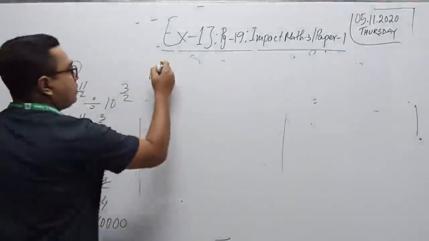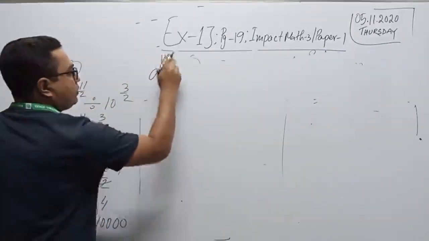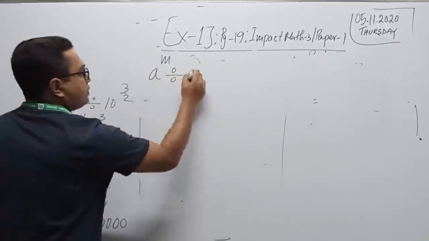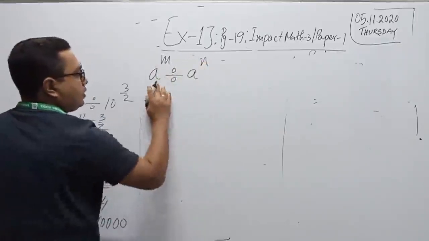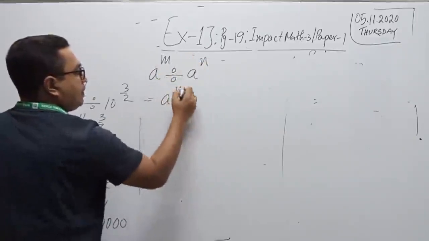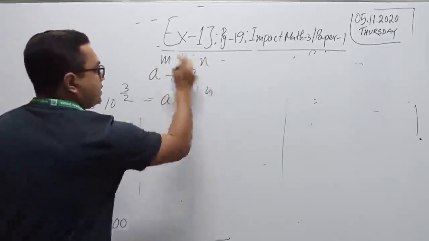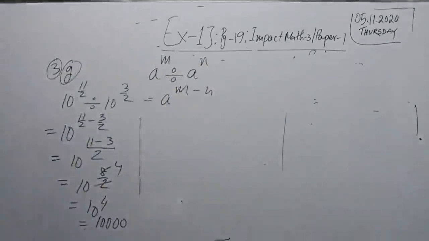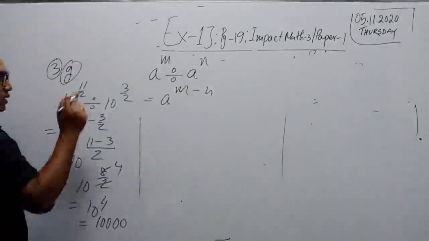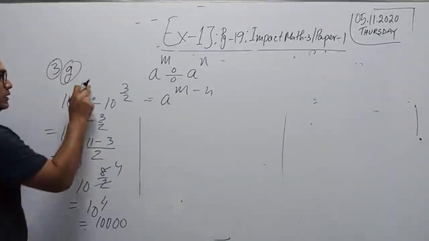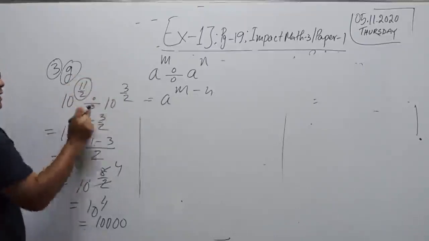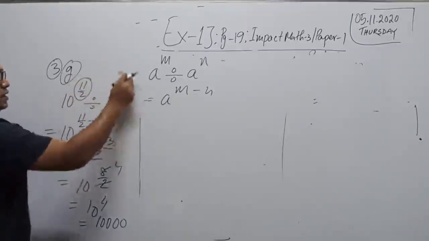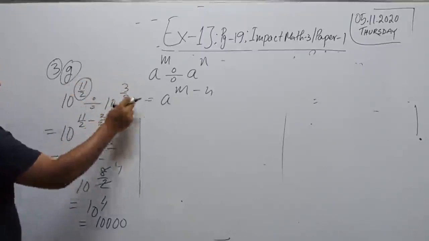Using our formula, if we have a to the power m, division a to the power n, then look, the power will be subtracted. The second power will be subtracted from the first one. Here, that thing we are doing. Instead of m, we have 11 by 2, and instead of n, we have 3 by 2.